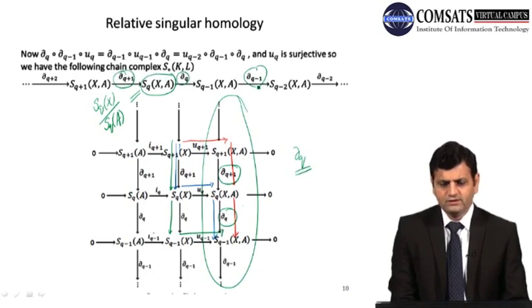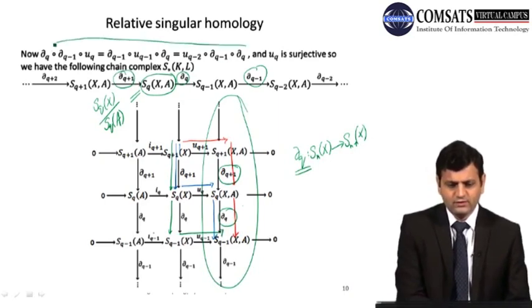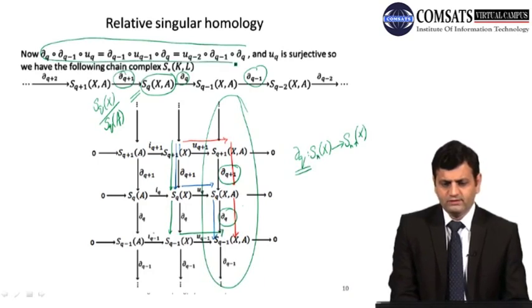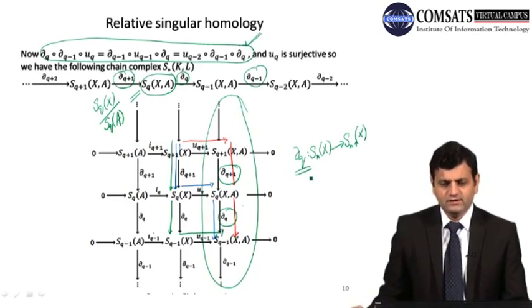We define these using the boundary maps of the complex X, and the composition of any two is 0. Why is this 0? Once again, using this reason. I'm not going to elaborate on this, because if you are confused, we had the same discussion when we were discussing simplicial homology of a pair. So go back to that lecture and see the discussion.